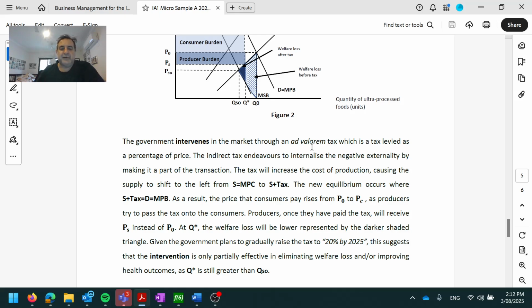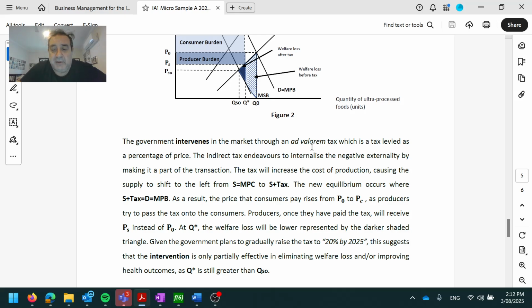Now that leads to the shift in supply. Okay, plotting. So the student again is referring back to the actual diagram, points on the diagram, and tells you where the new equilibrium is. Now, as a result, it really gets to the key stakeholders. The price that consumers pay increases from P0 to PC.